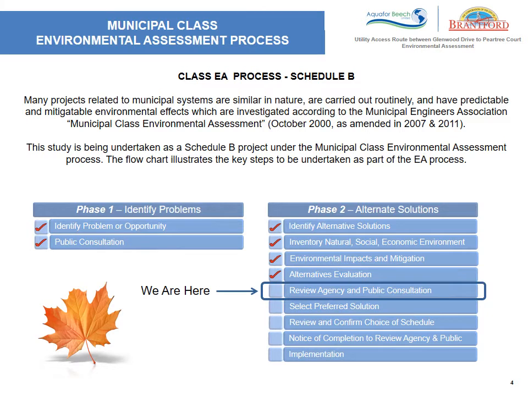As part of the municipal class environmental assessment process, this study follows the Schedule B definition, which includes a Phase 1 and Phase 2 approach. Phase 1 being identification of problems and an initial point of public consultation, which has been completed as part of the notice of commencement, and Phase 2 to define the alternate solutions.